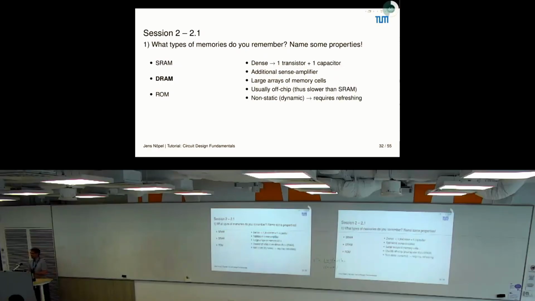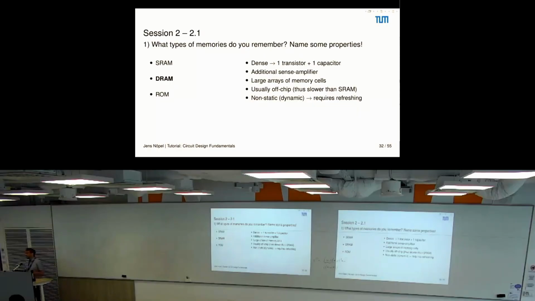Then the second memory type is DRAM, dynamic random access memory. It is very dense, so you have only 1 transistor and 1 capacitor. The area you need to store 1 bit is very small. You also need additional sense amplifiers to read out the data. Since this is a very dense memory, you get large arrays of cells and a large amount of storage.